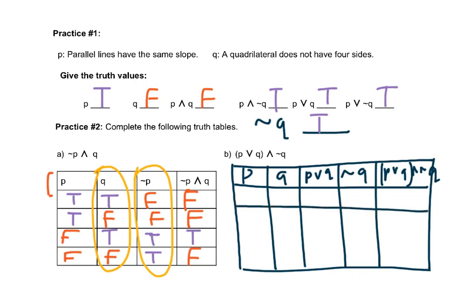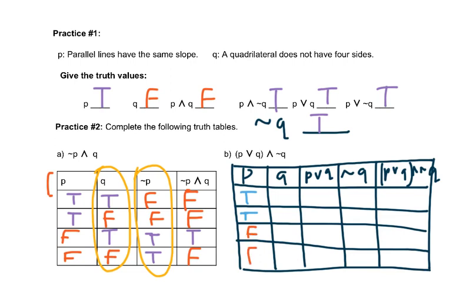So let's look at this. We need our 4 rows. We're going to start off again with true, true, false, false, and true, false, true, false.